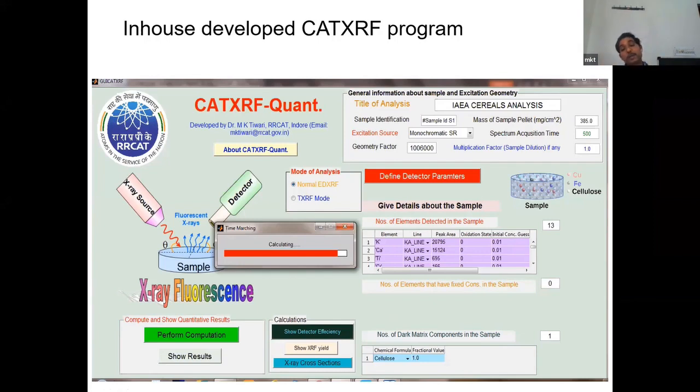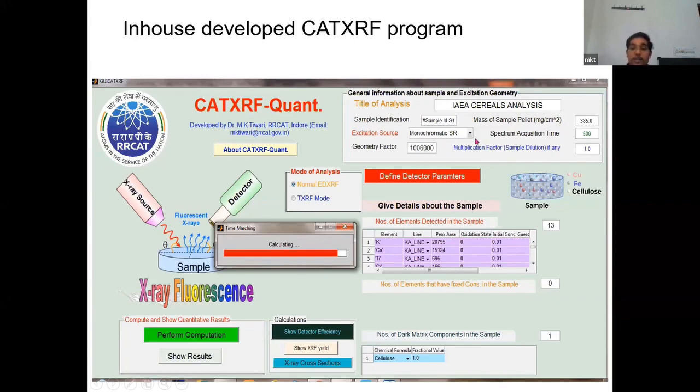All the commercial software is calibrated for certain conditions, certain distance, certain excitation. Sometimes we do the analysis in EDXRF mode, sometimes in TXRF mode. So we have developed our own software for the IAEA sample analysis.